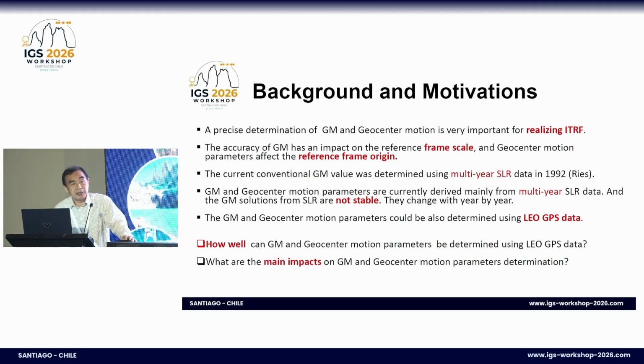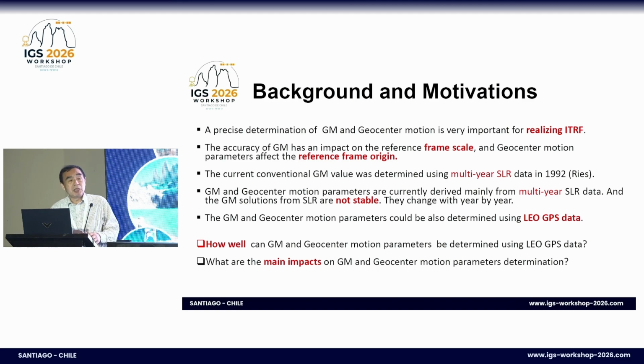Currently, either GM or geocenter is determined from SLR. And if you look at recent papers or results, the GM solution from SLR is not so stable; it changes with time, year by year.